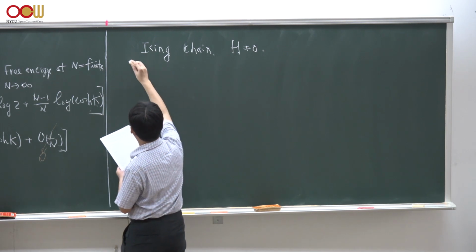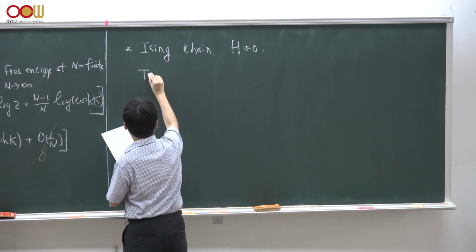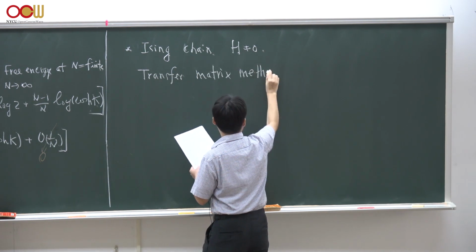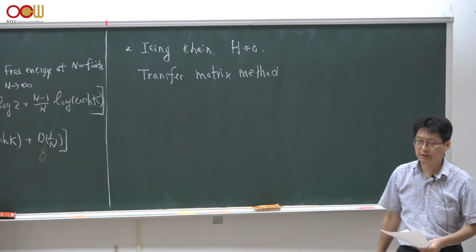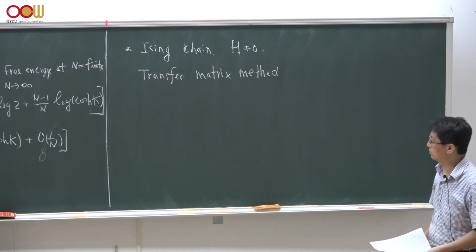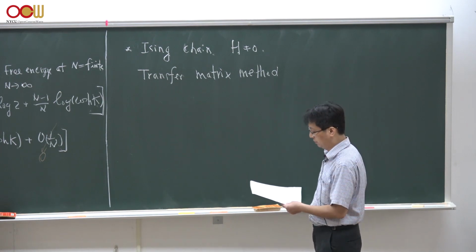So we need to take care of that additional term in the summation. And that will lead to the so-called transfer matrix method. The transfer matrix method is a very useful and powerful technique to analytically get the partition function of an Ising model and all other models that are similar to the Ising spins.